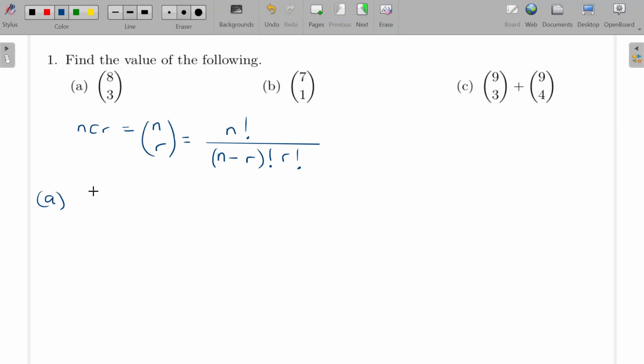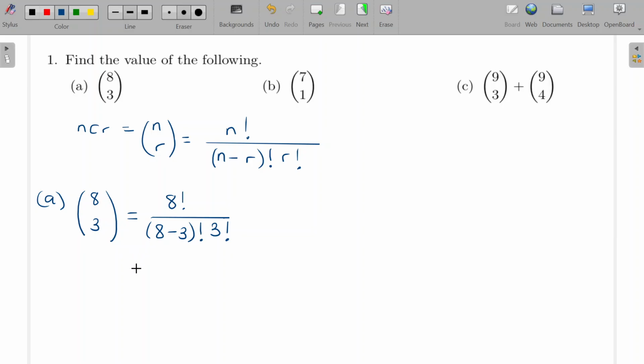A, they've given us 8 combination 3. This is the same as writing it as 8 factorial over 8 minus 3 factorial, then you get the one at the bottom, 3 factorial, from the formula that we had here.